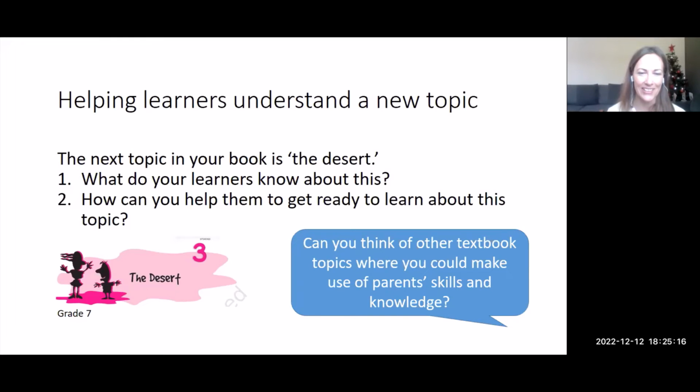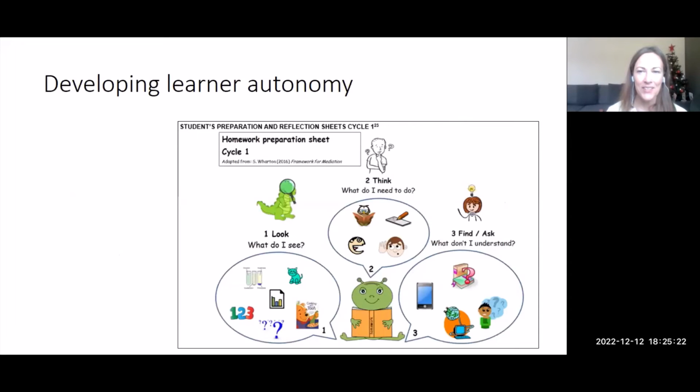So let's move to our last strategy now. And this one is about learner autonomy. Now, I'm sure we do think this is important in our classrooms. We want our learners to become independent learners, don't we?